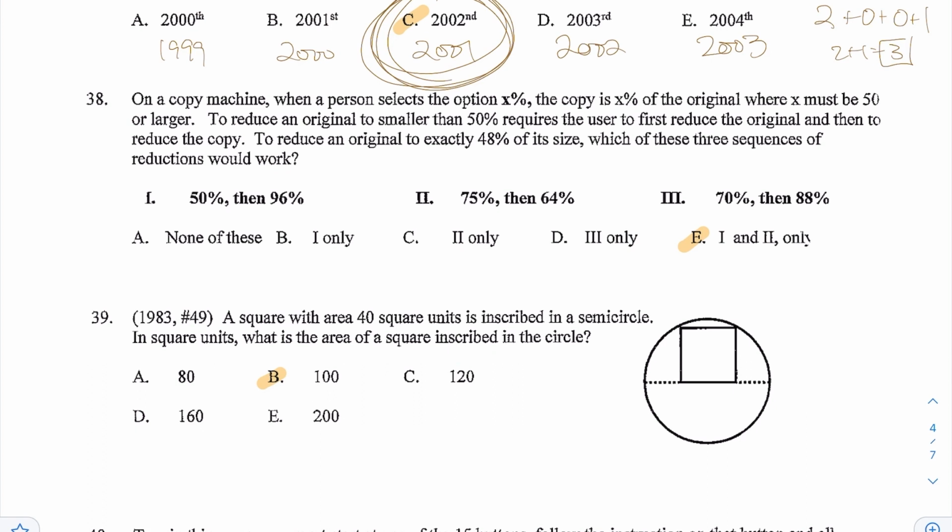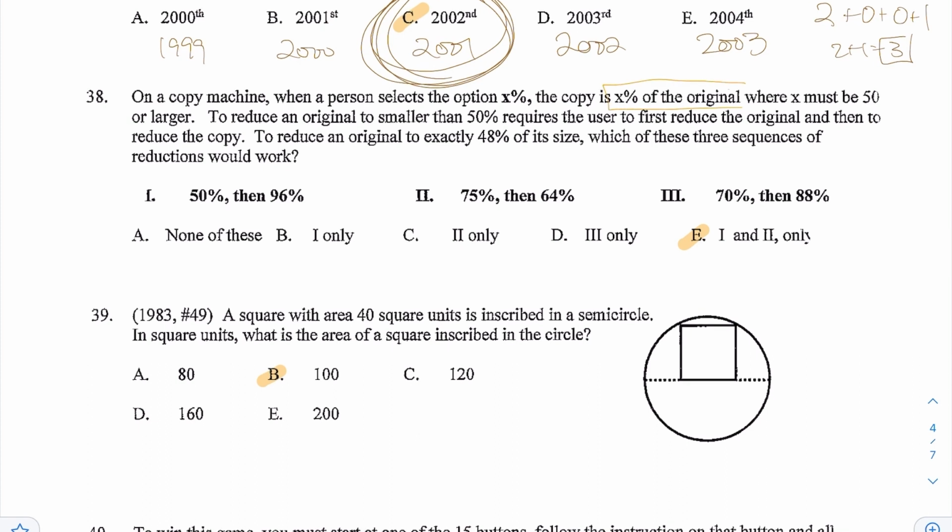All right, so here, if you select some X%, the copy is X% of the original. Remember, X% of the original means X over 100 times the original.